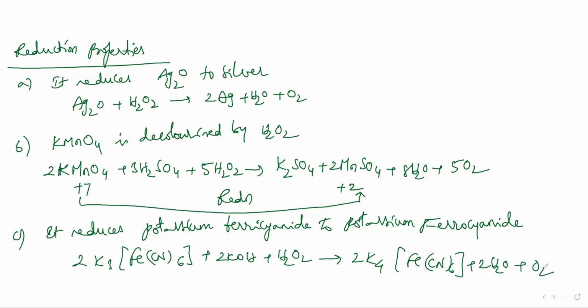So it reduces potassium ferricyanide to potassium ferrocyanide. Here oxidation state of iron is +3. Here oxidation state of iron is +2. So +3 to +2. Is it reduction or not? Decrease in oxidation state is called reduction. So that is about reduction properties of H2O2.